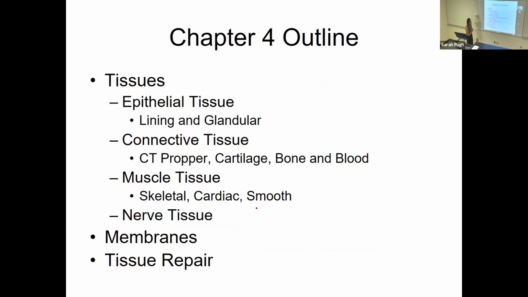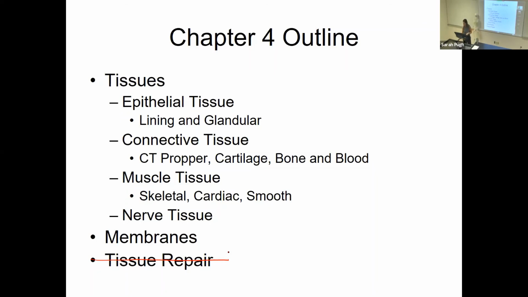All right, so that is it for our chapter 4. All of our tissues, we talked a little bit about membranes. I know this outline says tissue repair. I've moved that into chapter 5, where we do skin. We'll talk about what happens if you cut your skin and how your skin can go about repairing itself. It's the same process, okay?